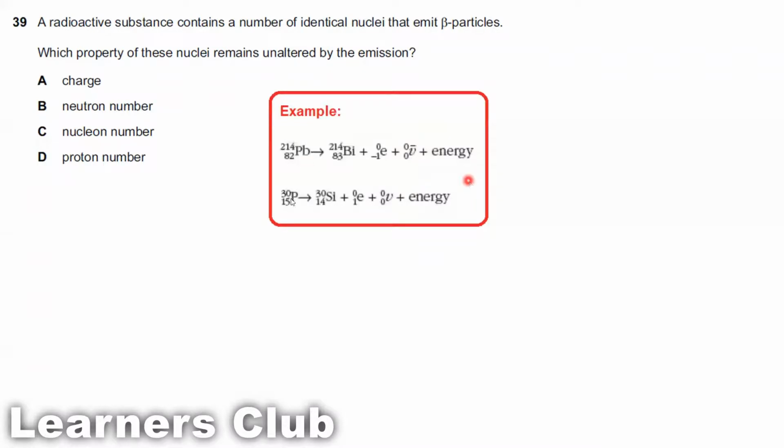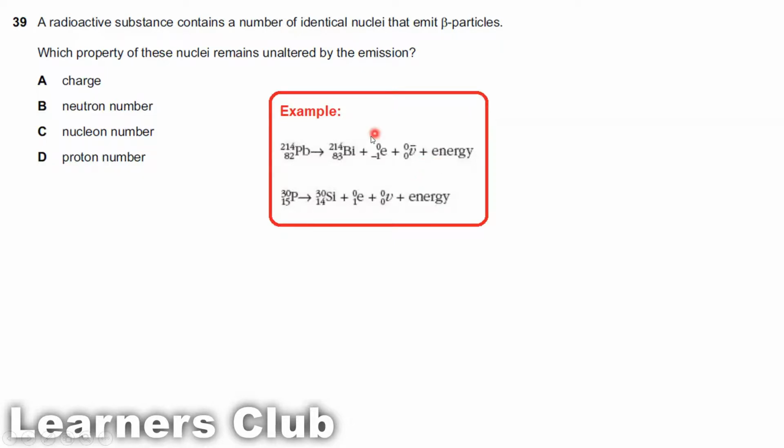There are two types of beta particle: positive and negative. So consider this example. As you can see, this lead-214 is being converted to bismuth-214 plus a negative electron plus an antineutrino plus energy.